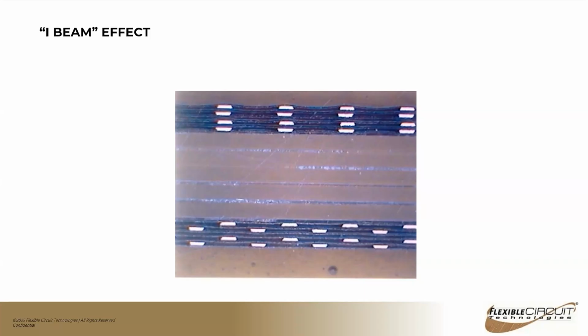So if you can imagine bending the part on the top side at a 90 or 180, there's going to be a lot more stress with those conductors all stacked on top of one another compared to staggered like before, like the picture below. You'll actually get a lot more flexibility out of staggering them and not designing with an I-beam. However, again, with some of the sizes of the circuits we're building, this can be difficult to avoid.